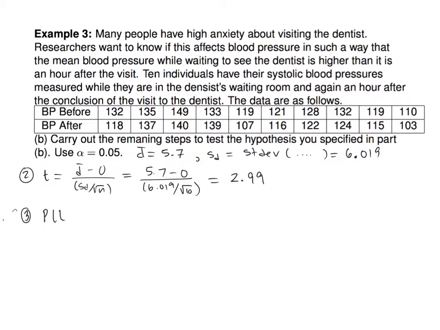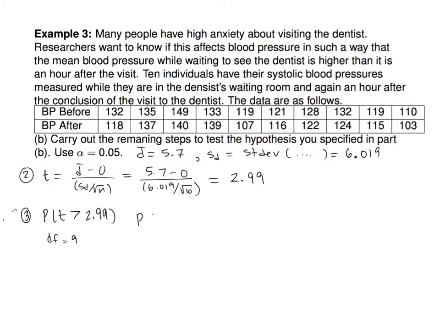Okay, probability that T is bigger than, did anyone else get 2.99? Yeah? Okay. What are our degrees of freedom here? 9. That one actually is listed, isn't it? And this is pretty close to 3, right?